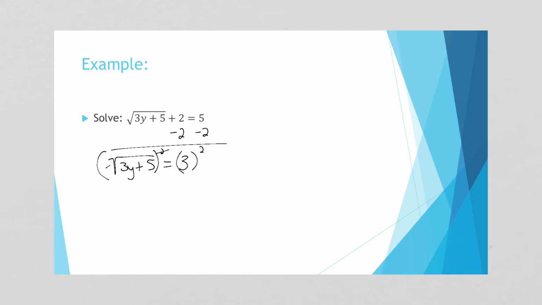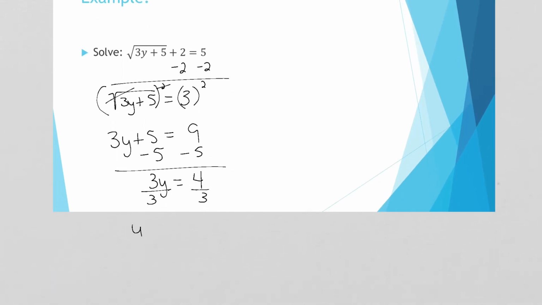So this 2 cancels that radical, so I'm left with 3y plus 5 is equal to 9. Now we're just going to go ahead and follow through. And we're going to divide by 3. So y is equal to 4/3.